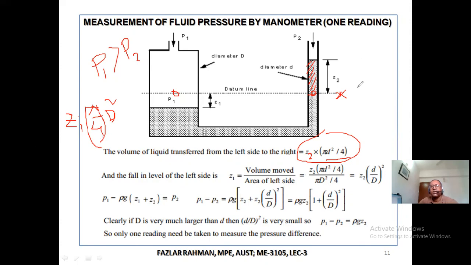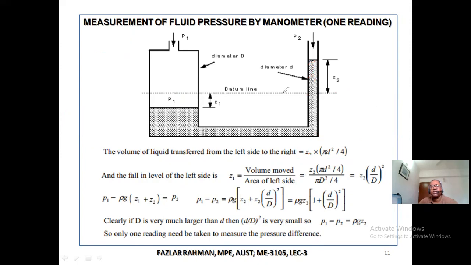Or I can say, let me clear it out, Z1 times area, just keeping it as area, equal to the right side volume. What is my right side volume of water? Z2 into pi by 4 small d square, right?